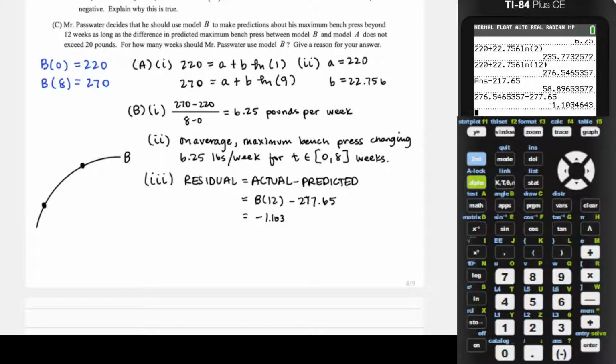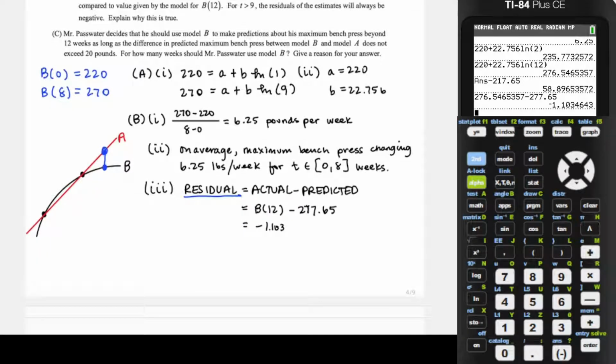That's B of T. And then predicted is going to be A of T, which is something we would get using the average rate of change, which is represented by the secant line. So this is going to be, let's see if I want it to go through perfectly. That looks really nice. And then I'm going to call that A of T. And so residual is actual minus predicted.